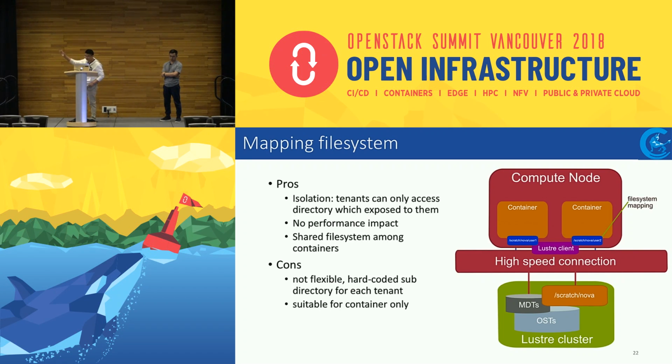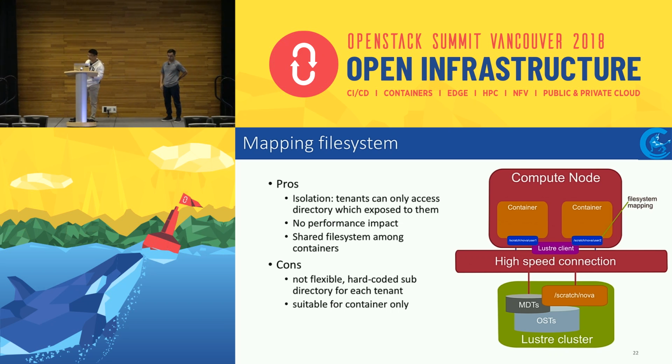The third solution implements an isolated shared file system for each tenant. As we can see in the architecture, you need to mount Lustre on each compute host first. The mapping is done automatically to a container when booting from Nova. The advantage of this really means a lot for our HPC system.